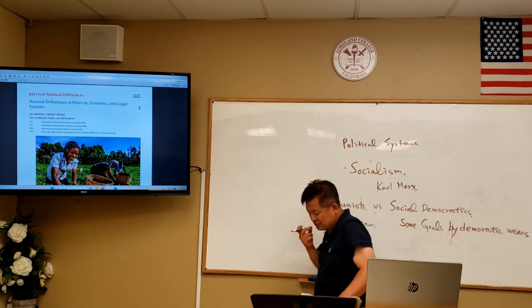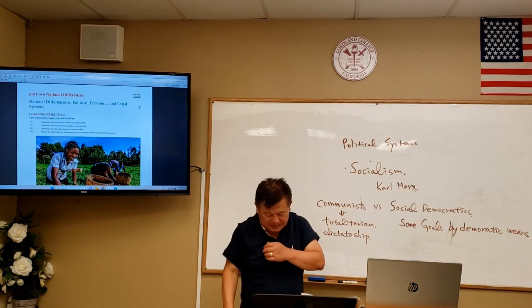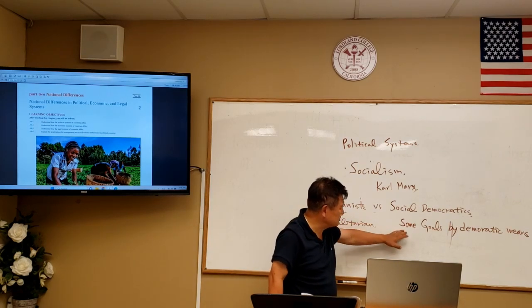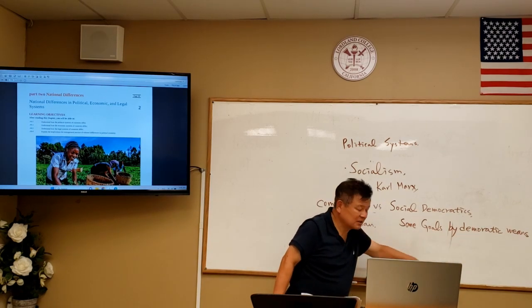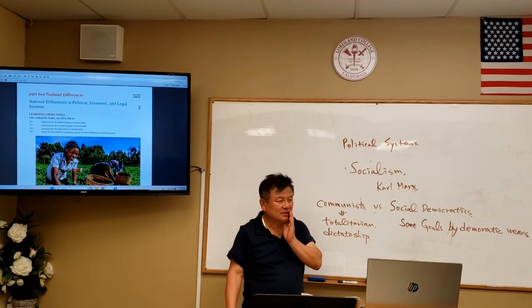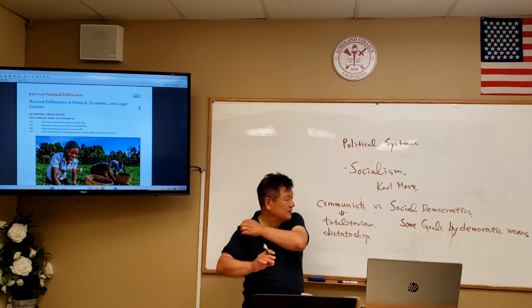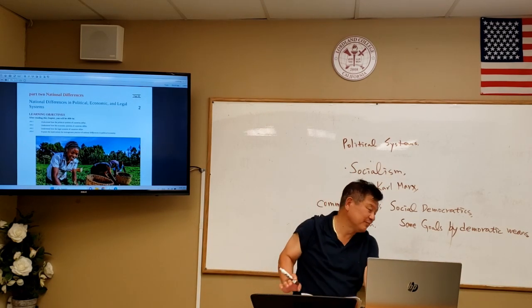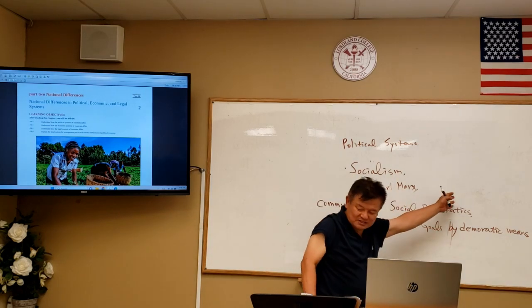So social democrats focus on the same goals by democratic means. Democratic means is collectivism, it's the majority. What is the goal of the majority? Rather than individual goals, as I said.